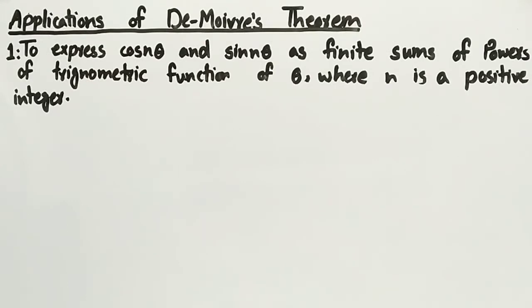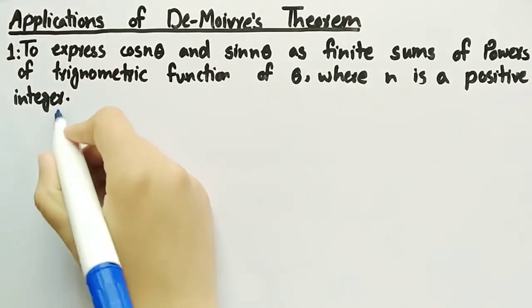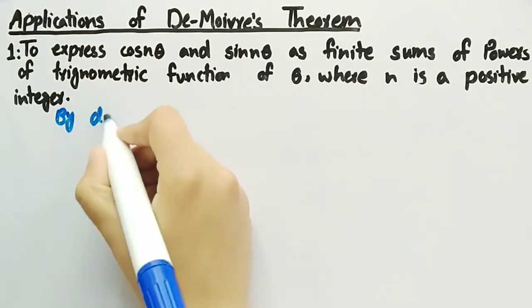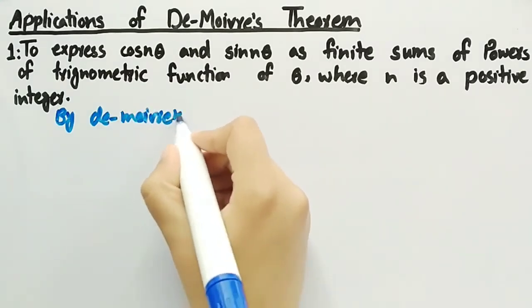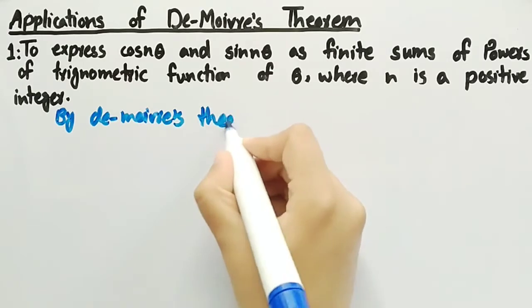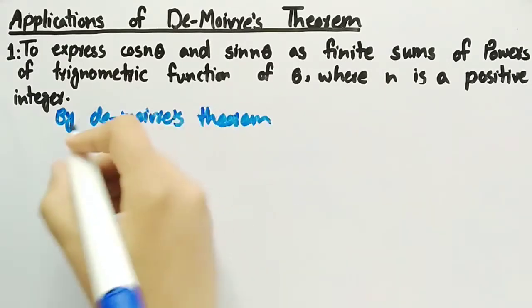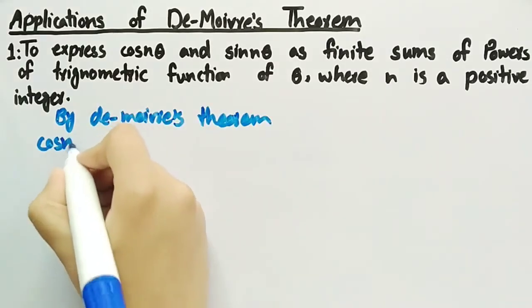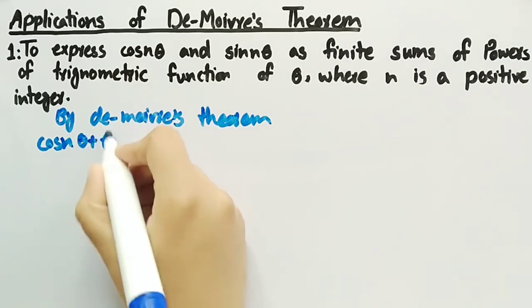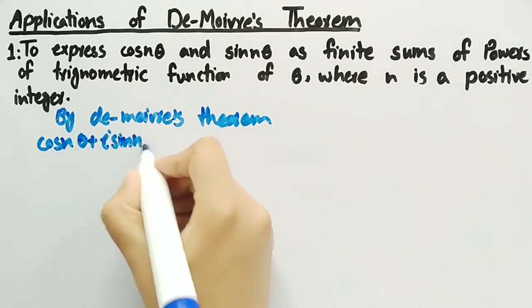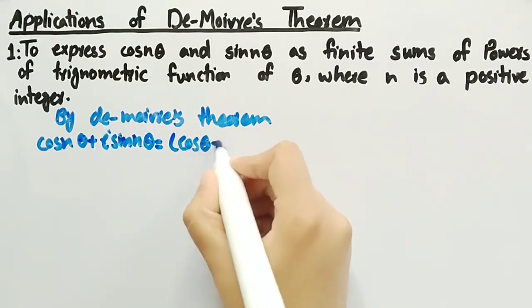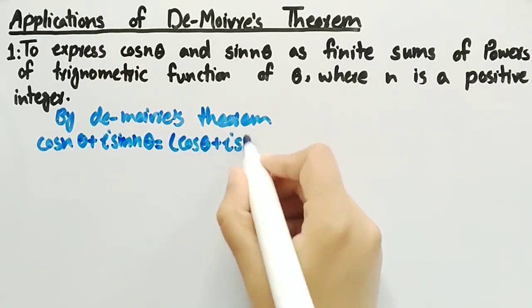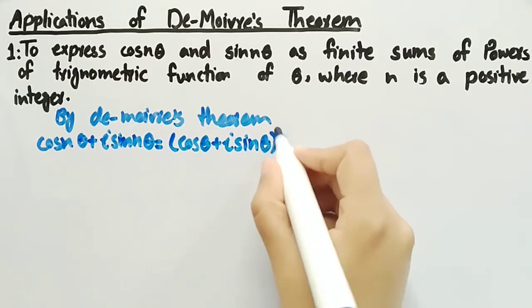We know that by De Moivre's theorem, we can write cos nθ + i sin nθ = (cos θ + i sin θ)^n.